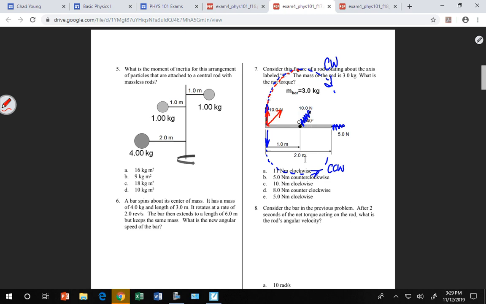The other component of that force doesn't cause any torque at all because it's a theta of 180, and the sine of 180 is 0. Does that answer your question? But use your pencil if you want on your paper, or just sort of draw in the direction of the force, but draw it in a circle. And then think, oh, is that clockwise or counterclockwise? You can always look at your watch and see, oh, it's going in this direction, so that's clockwise.